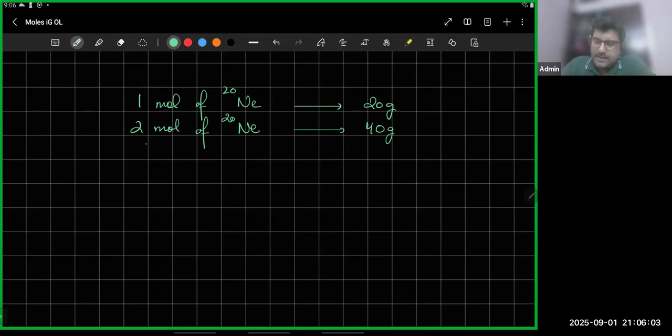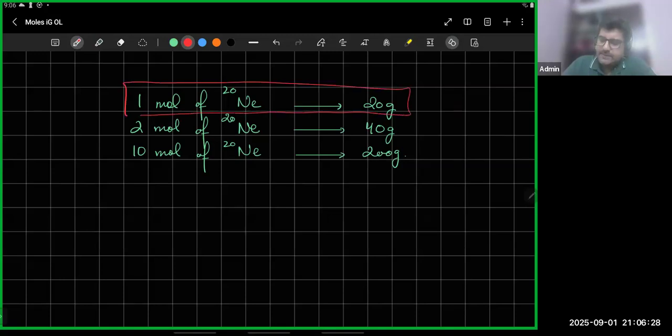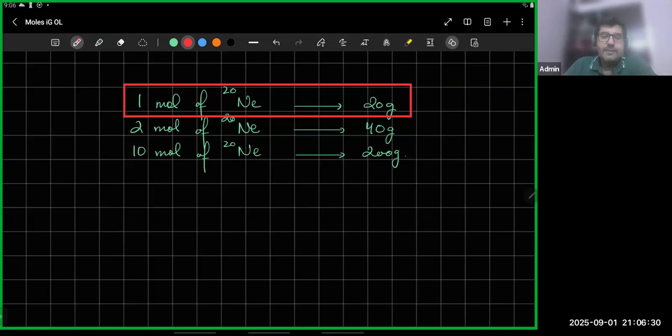If I have 10 moles of neon atoms, 1 mole has a mass of 20 grams, so 10 moles will be 10 times the quantity, 200 grams, right? ये clear है कि, it's simple ratios. Because the periodic table told me 1 mole of neon atoms has this mass, so I would know what 2 moles and 10 moles will have.